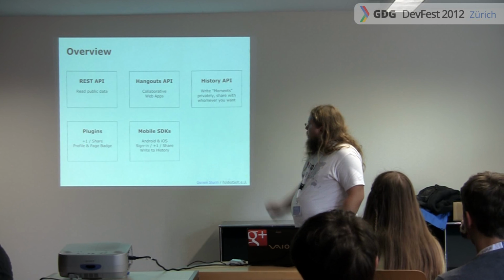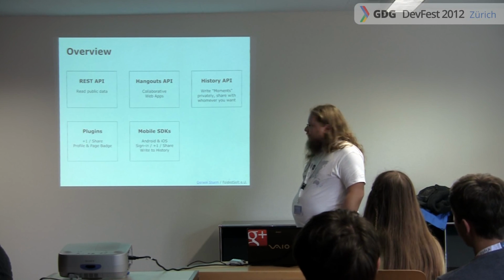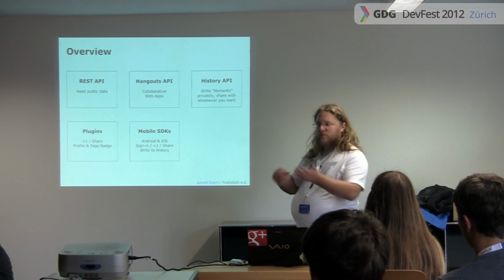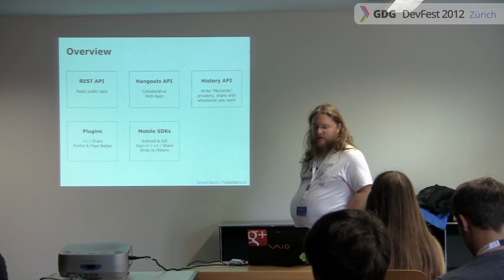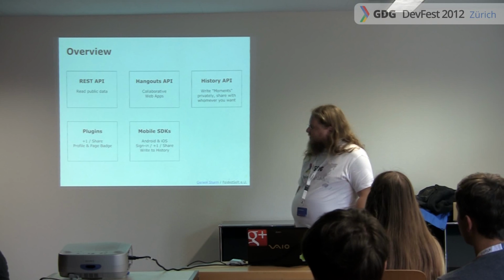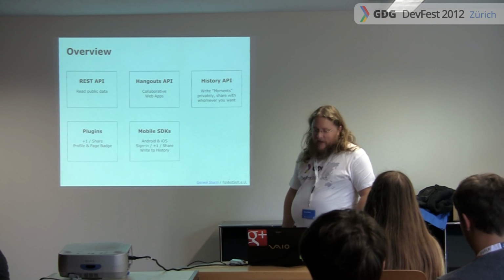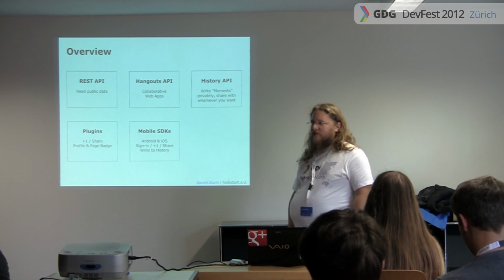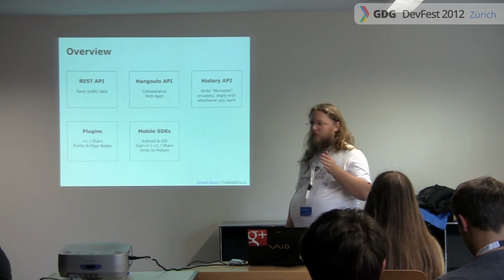Then on the website you have plugins: a +1 button, a share button, profile badges, and page badges which you can display. Also fairly new are the mobile SDKs. The Android SDK is now available in full, so you can already start using it in applications for Android devices from 2.2 upwards, I think, I'm not sure.